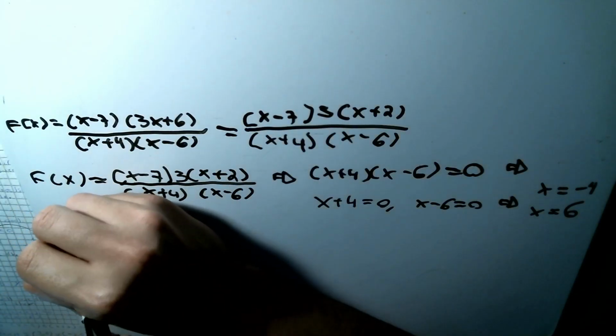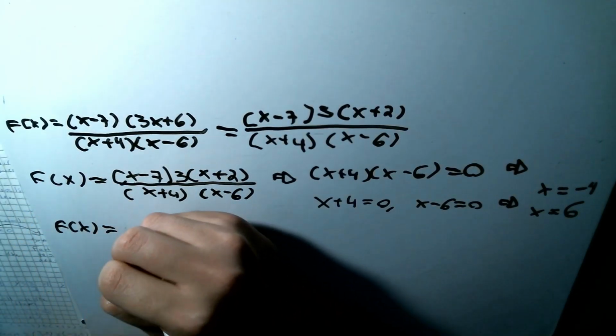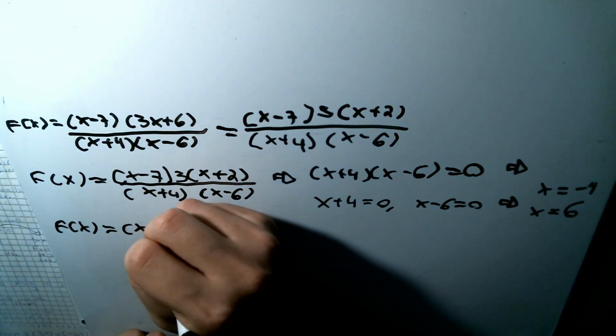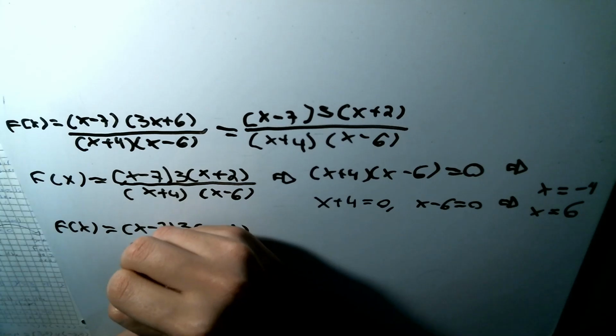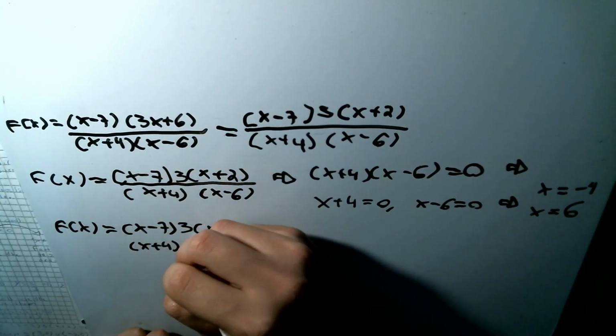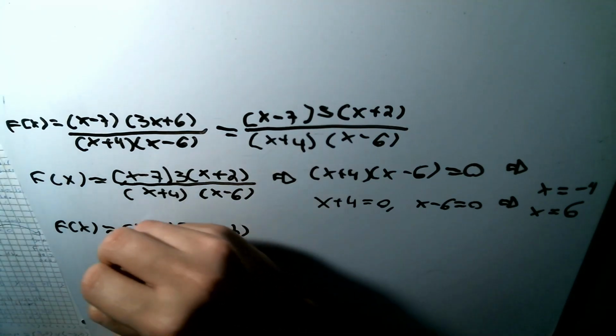Again, it's the same function, x minus 7 times 3x plus 2, over x plus 4 times x minus 6.